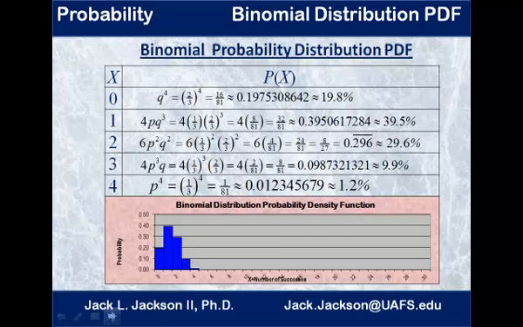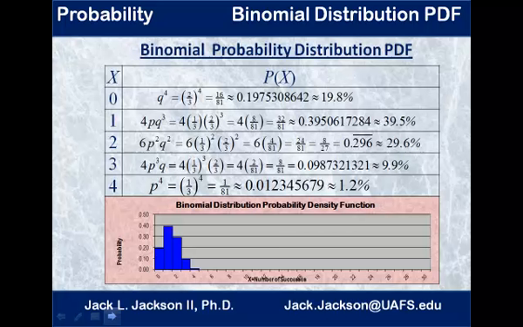But we have 4 of those, so 4 times that 8 over 81 turns out to be 32 over 81 for the exact value of the probability of 1, and that turns out to be 39.5% approximately. So again, that's our most likely outcome.